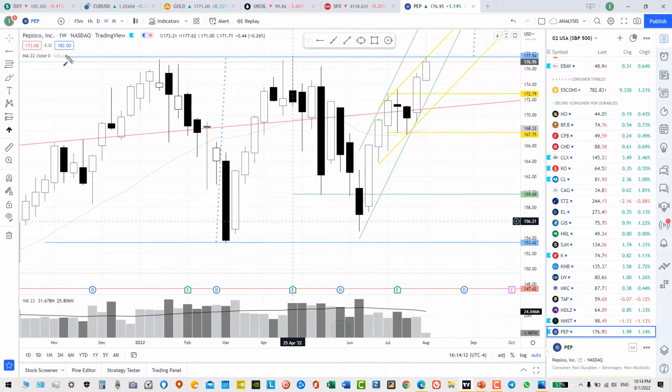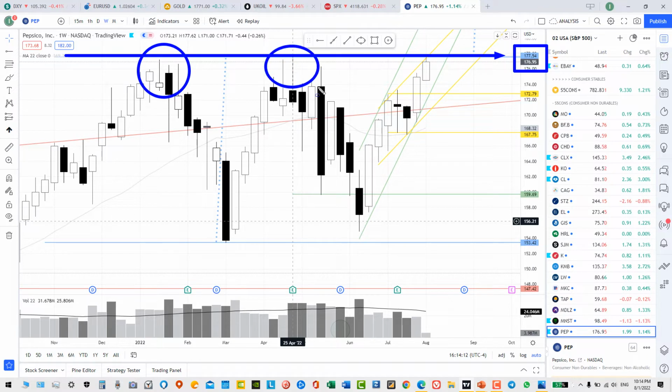It is having a resistance around $177, and it did not manage to break this level 2 times before, showing a lot of signs of reversal when it tried to test this level at 177.